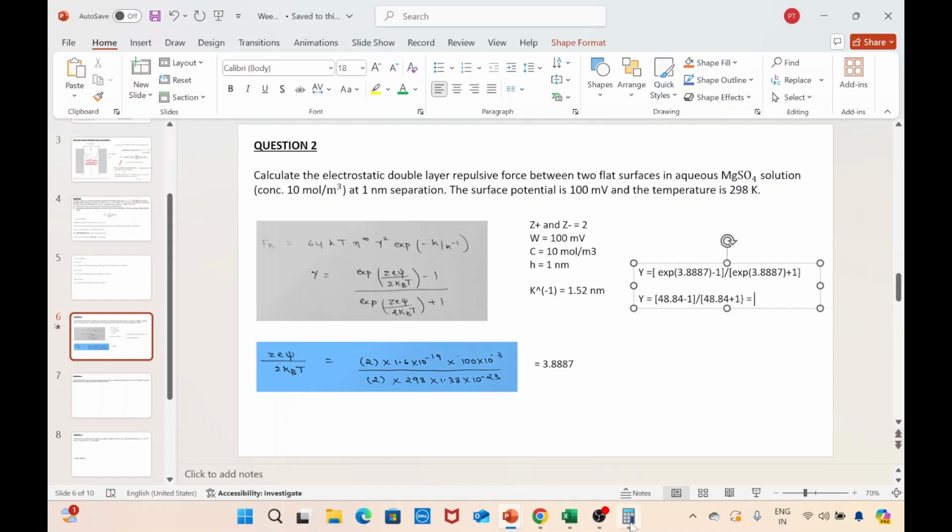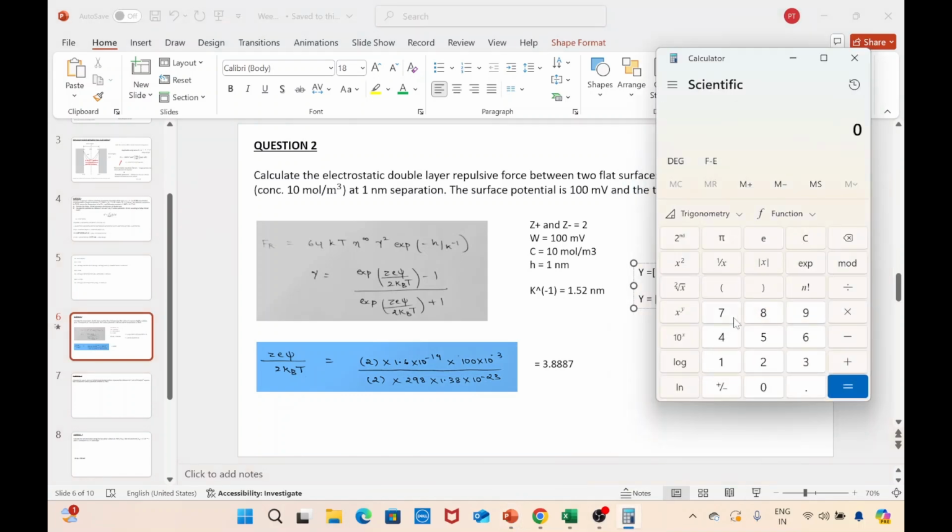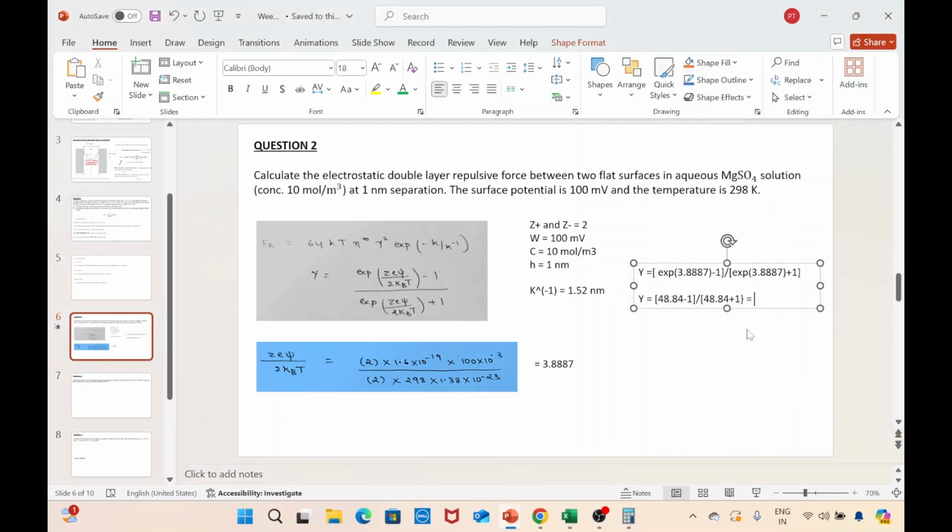That is nothing but 0.9598. So this is the value of gamma, 0.9598.